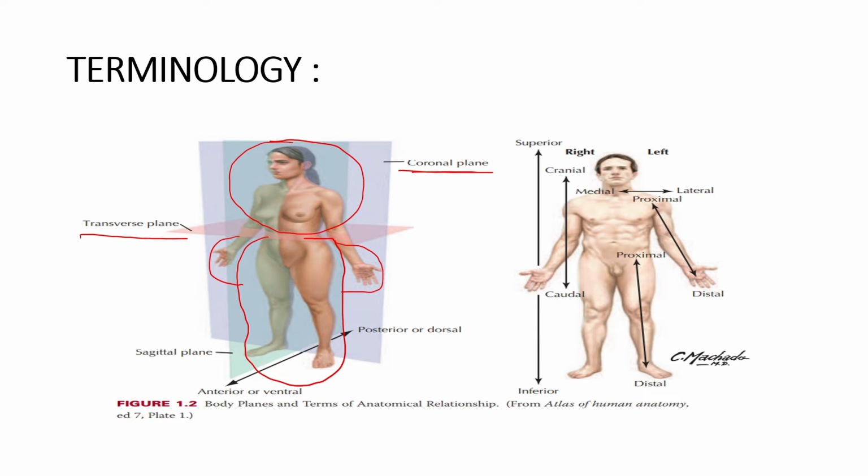Okay, so coronal plane means the plane which divides or cuts our body into equal or unequal part of anterior and posterior portion. Now anterior means we know that the frontal area, anterior or ventral, another term is ventral. Anterior means the frontal portion and posterior means the back portion. Okay, so this portion is posterior and this is anterior.